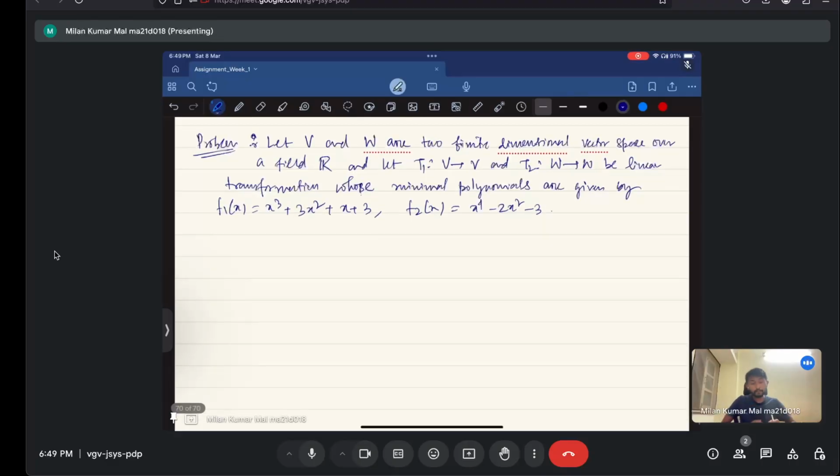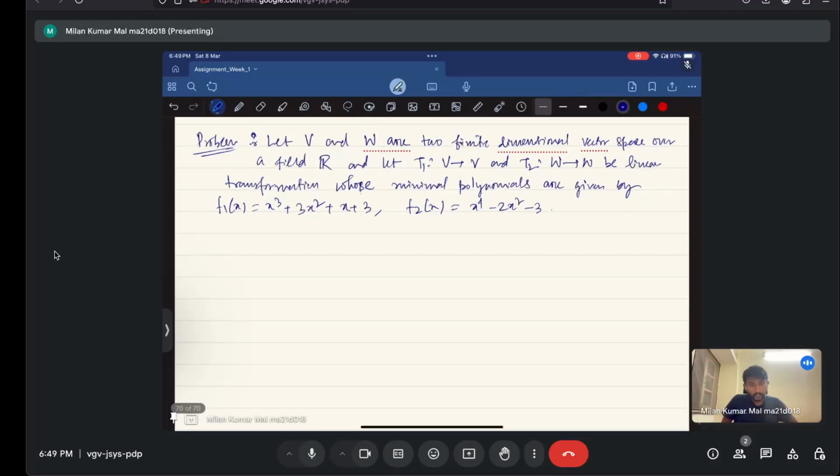Let f1 and f2 be the minimal polynomials of the linear operators T1 and T2.